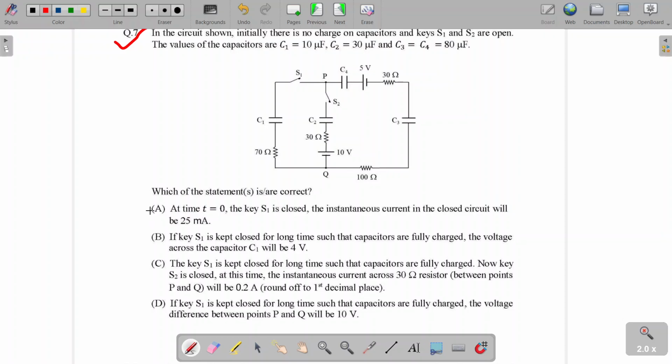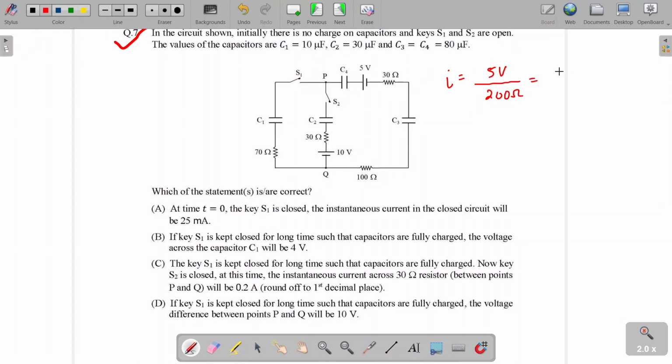So this is the first option which is asked. At time t equal to 0, the key S1 is closed. The instantaneous current in the closed circuit will be how much? So this is rather easy. We can directly say that the instantaneous current would be the voltage 5 divided by the complete resistance 200 ohm.